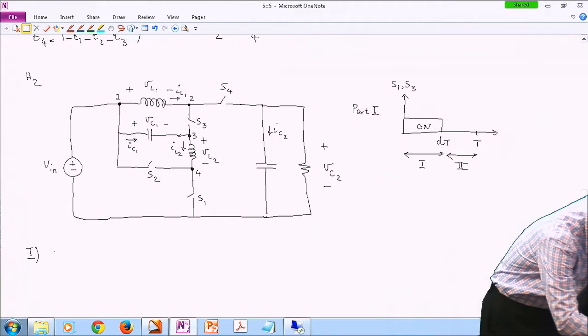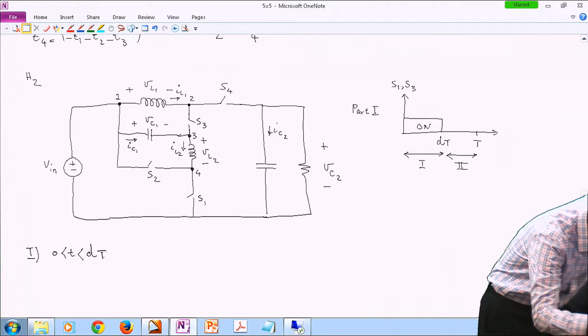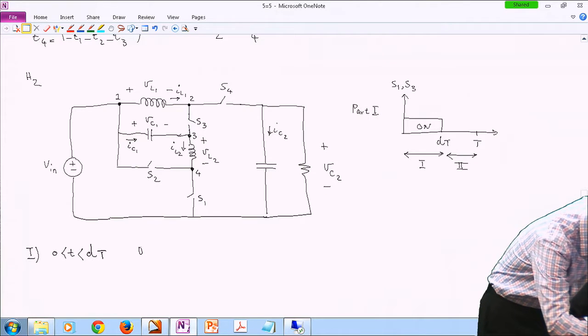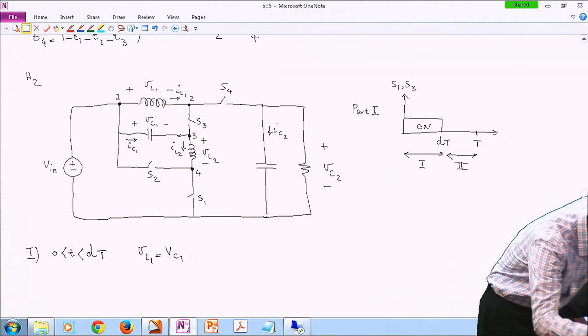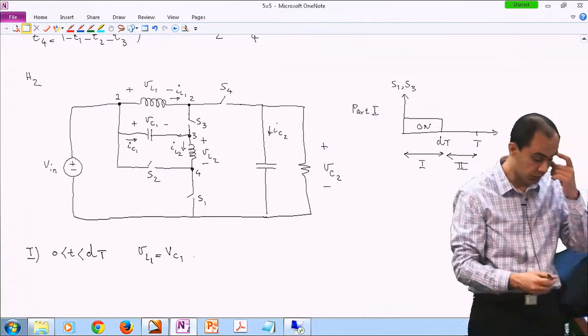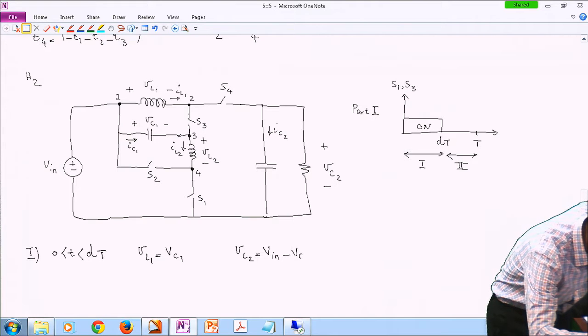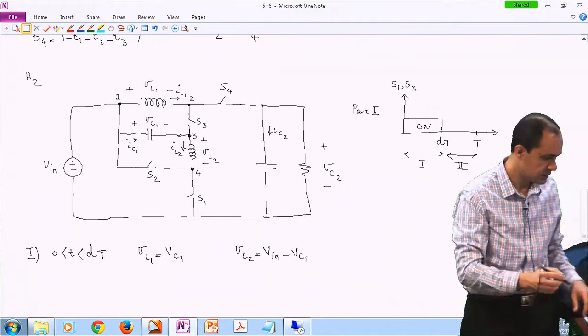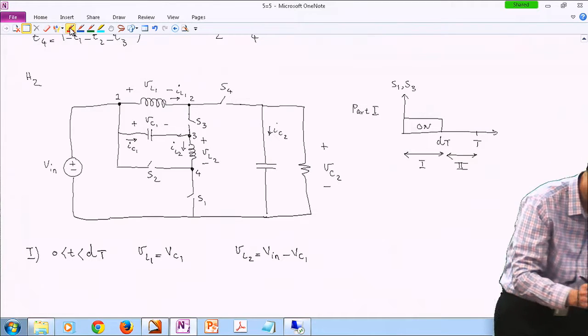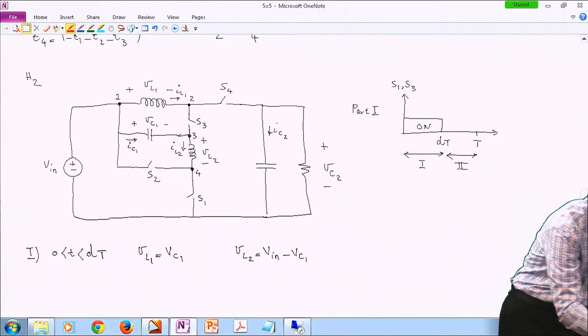In mode 1, the duration of the mode is from 0 to dT. And I'm just going to write it first and then explain it second. VL1 turns out to be VC1. Because we have 2 inductors, we have to look at both voltages, VL1 and VL2. All right, how do we get these? S1 is on, so I have a short circuit path here, and S3 is on.